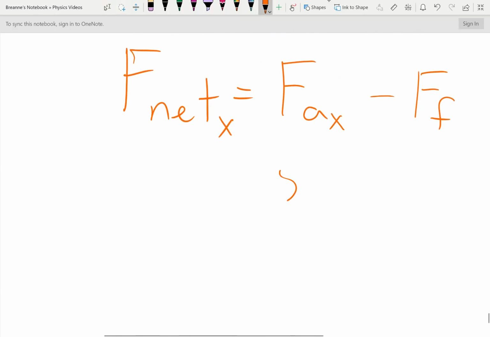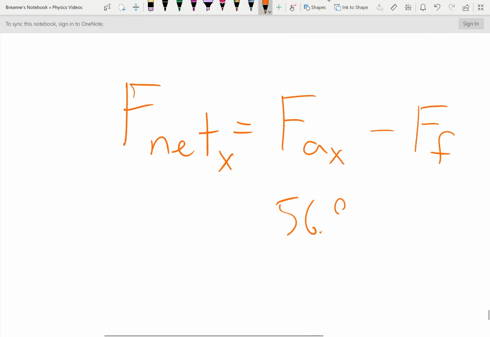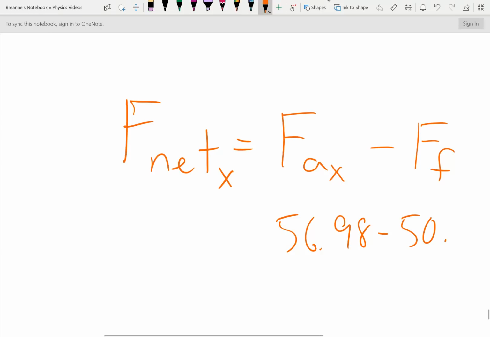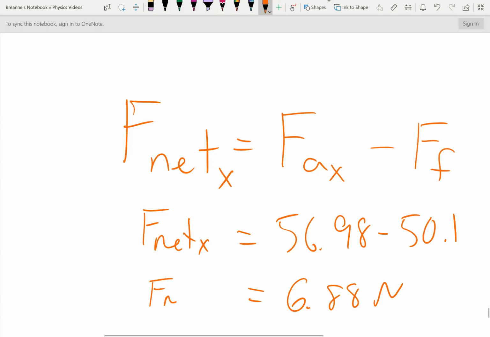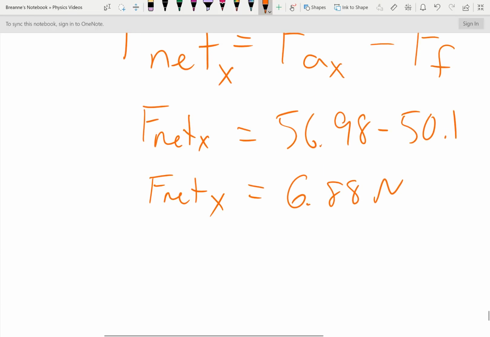So it'd be 56.98 minus your force of friction, which is 50.1. So that is your net force in the x direction. You just do a little bit of math, or you can put it in your calculator, and you get 6.88 newtons. So that is your net force. That's how much force is going in the x direction.